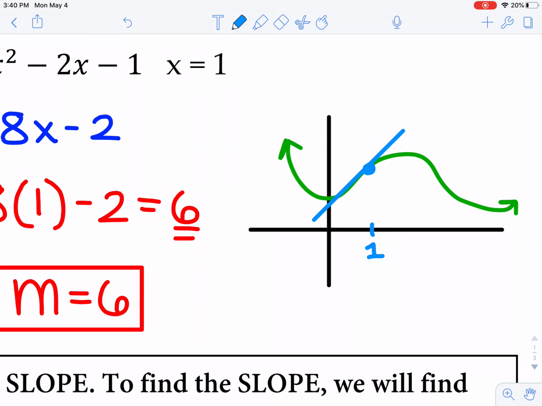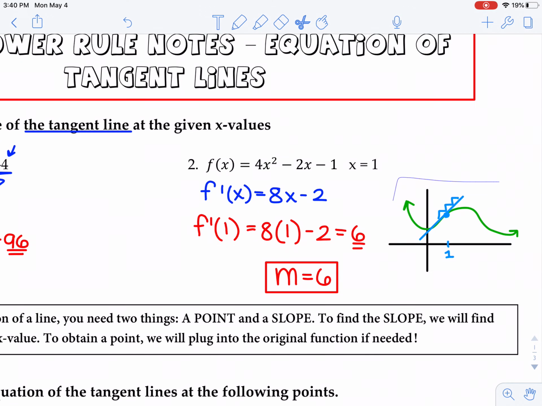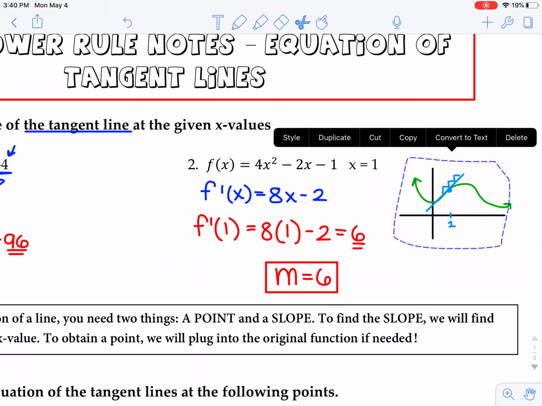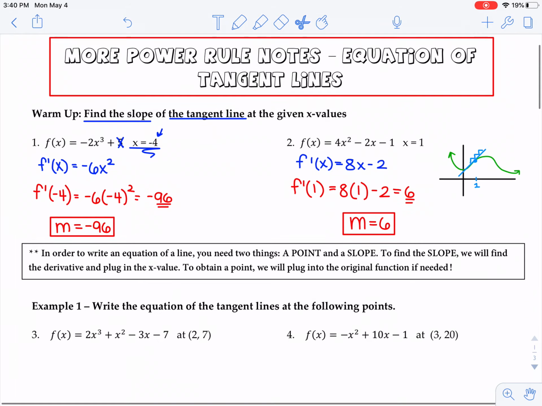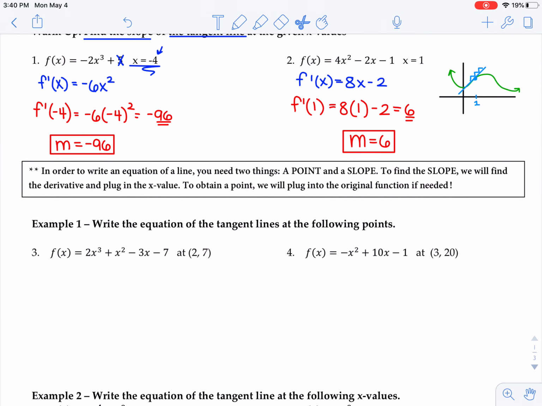So we're looking for the actual slope of this tangent line. All right, that's what we're talking about. That slope of the tangent gives me what's called an instantaneous rate of change. So what's the rate of change at that exact moment? Okay. So that's just kind of what's actually going on.